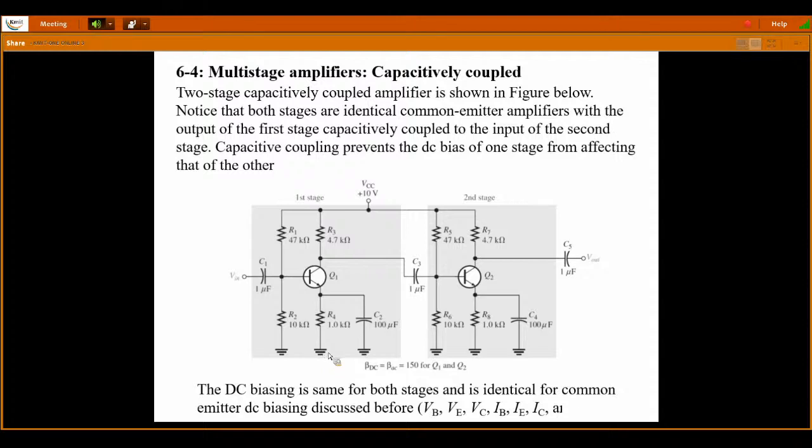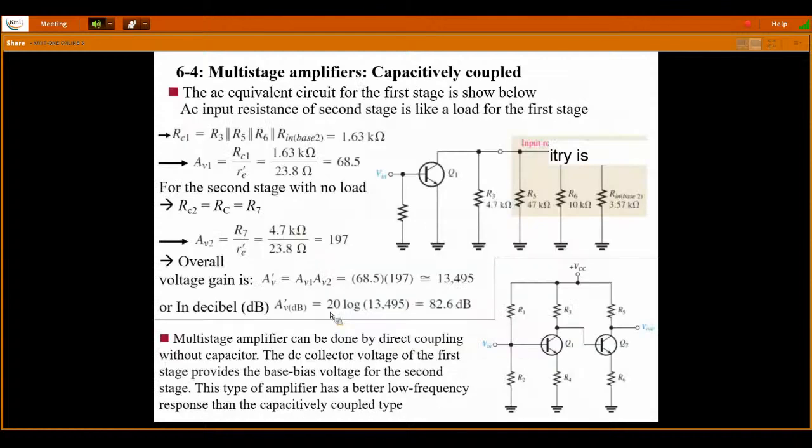Now here the DC biasing of both stages is identical for a common emitter, which we have discussed in the single stage amplifier. While doing the analysis, you analyze the first stage, and that you can apply to n number of stages, and with that we can also calculate the overall voltage gain and power gain.